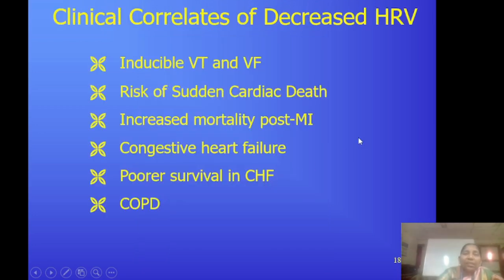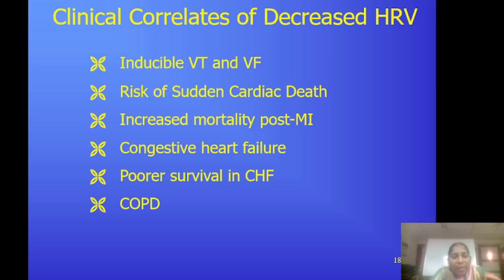What are the clinical correlates of decreased HRV? The decreased HRV is due to inducible VT, that is ventricular tachycardia, and ventricular fibrillation. Due to these two things, the heart rate variability decreases. Then there is the risk of sudden cardiac death, post myocardial infarction, congestive heart failure, poor survival in congestive heart failure, and chronic obstructive pulmonary disease, called COPD.